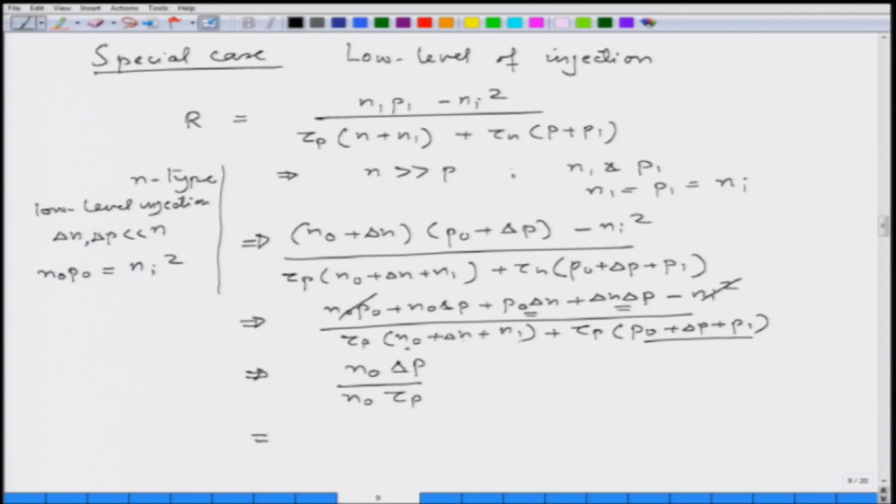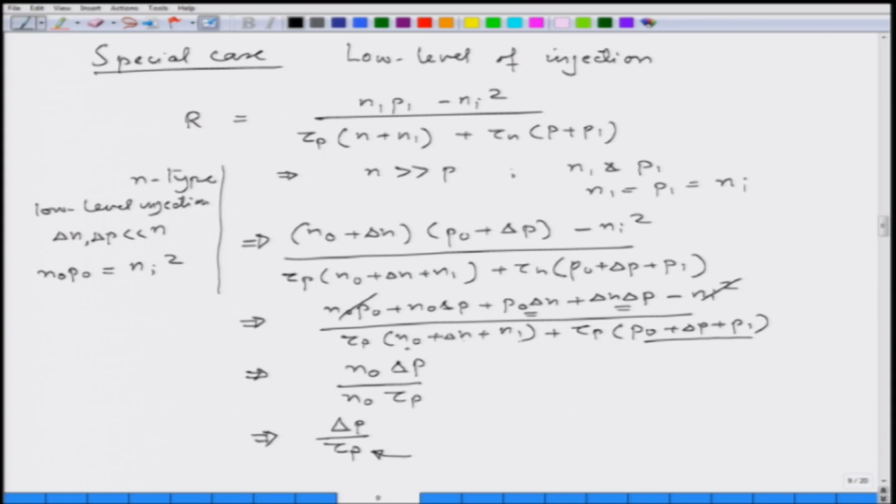You can see this nicely: this expression for steady state recombination rate reduces to what we have earlier derived for band to band transition, an exponential decay of excess carrier concentration with the lifetime. And so, you can see why a similar expression is obtained in the special case of low level of injection.